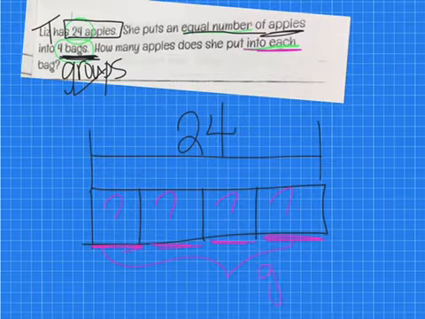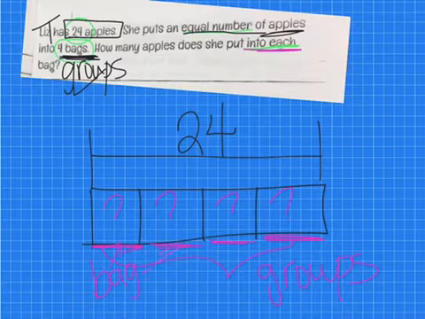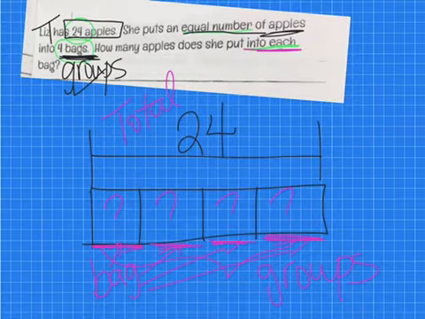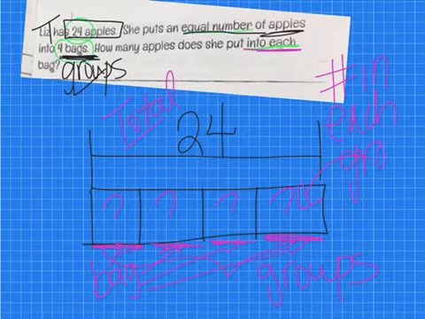These are my groups. So I have my groups, which are the bags of apples. I already have my product. I have my total because it gave me the 24 apples to start. So the unknown is the number in each group.